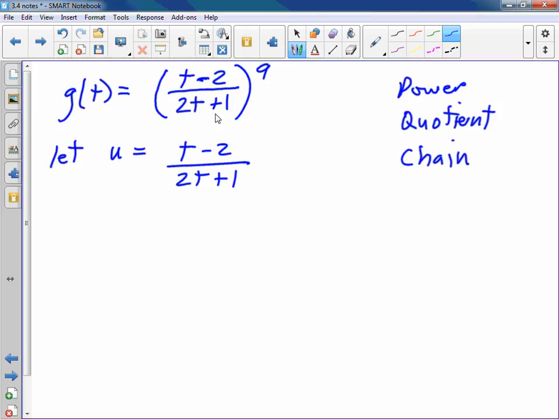Okay, that's fine. So then we're going to go g prime of t equals 9u to the 8th times du dt. Okay? And then let's do du dt separately because it's pretty big.